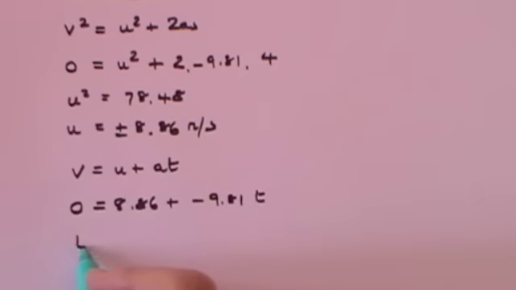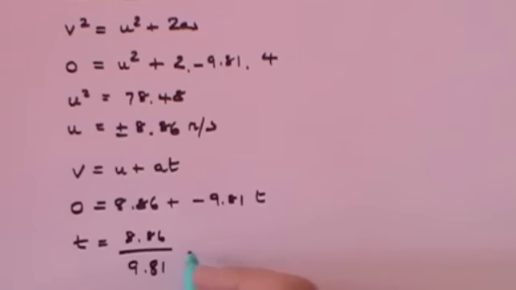And that means that t is going to be 8.86 divided by 9.81, and that's about 0.9 seconds. So it takes 0.9 seconds to get from the platform of the trampoline up to the top before you start coming back down again.